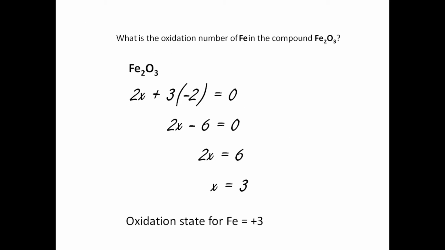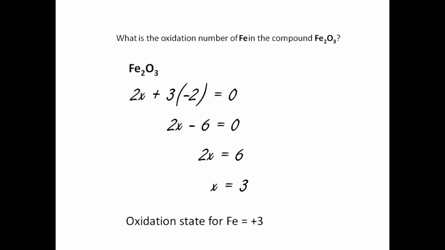Let us look at another example, and this one is iron(III) oxide, Fe2O3, and you're asked to find the oxidation number of the iron in this compound. So the first thing we do is write out the chemical formula of the compound, which is Fe2O3. Then the one that you want to find, you put an X under it.